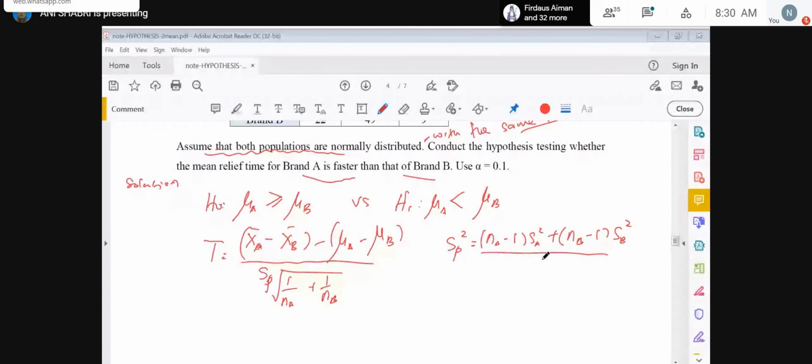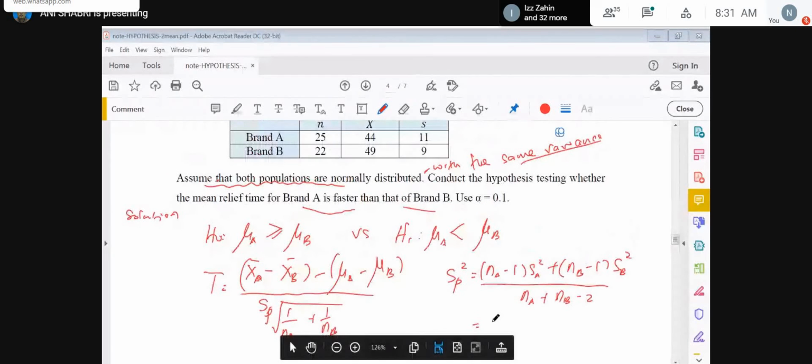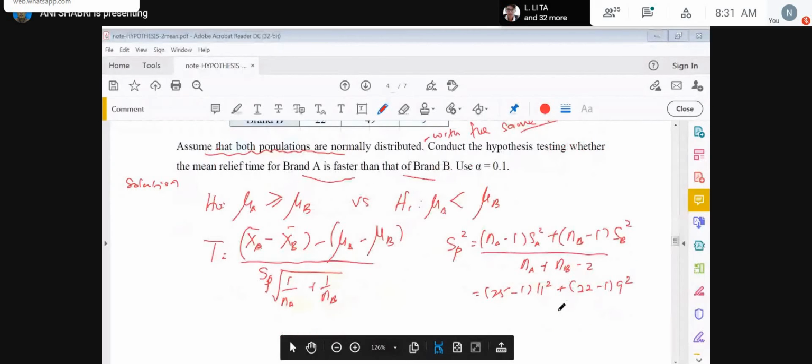Okay, try put the value. Berapa nilai dia? Kita masukkan nilai: nA is 25 minus 1, sA 11 squared, plus nB 22 minus 1, sB 9 squared, divided by nA 25 plus 22 minus 2. Try calculate that. What is the value of Sp?